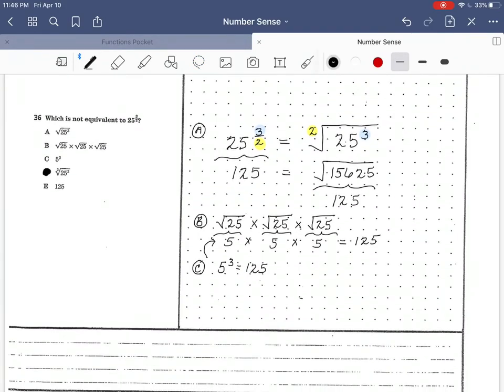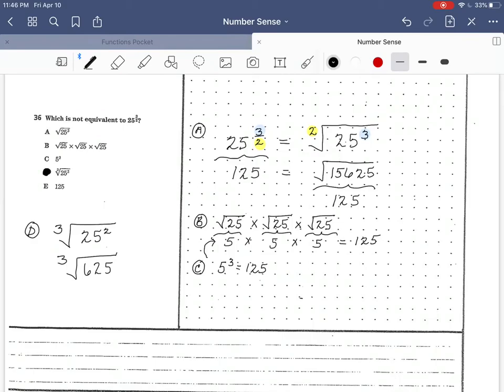D is the answer. If we work this out, we will see that it is not going to equal the others, because this will become, let me move this over here so we can have room to work it. You would first do your 25 squared. So 25 to the second power is 625.